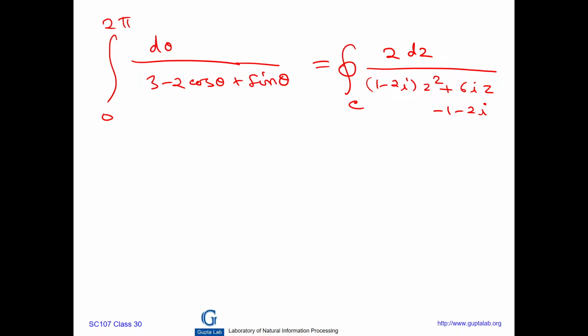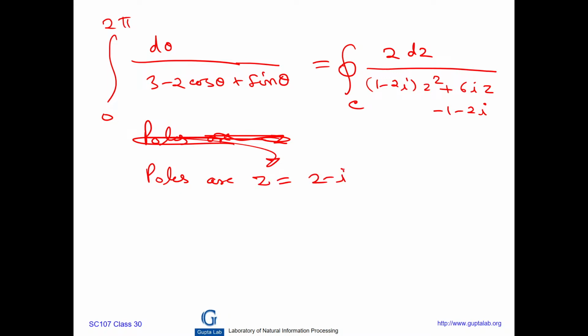Now this is a rational function in z. I can look at where the denominator is 0, which will give you the singular points. So poles are nothing but z is equal to 2 minus i and (2 minus i) by 5. So only this lies in the circle of radius 1.